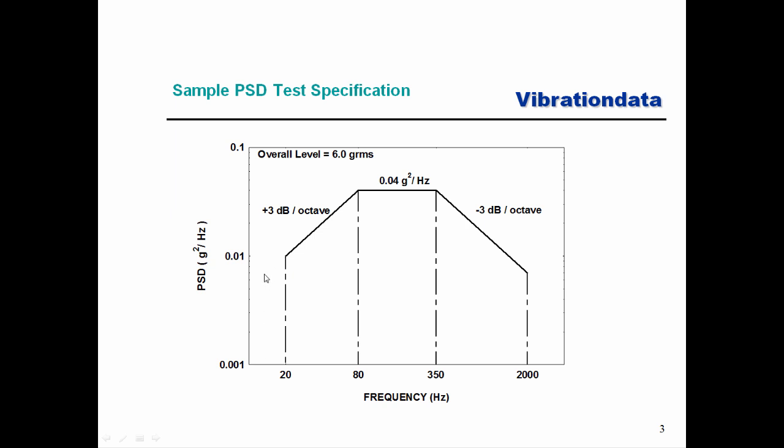One is there's a desire to avoid the low frequency displacement. So at low frequencies we can get very high displacements, and those could potentially exceed the stroke limit on the shaker table. So typically, at least for aerospace, these specifications begin maybe at 10 hertz or 20 hertz.